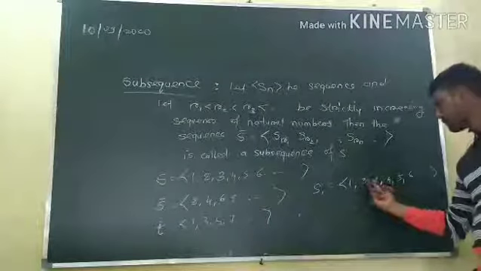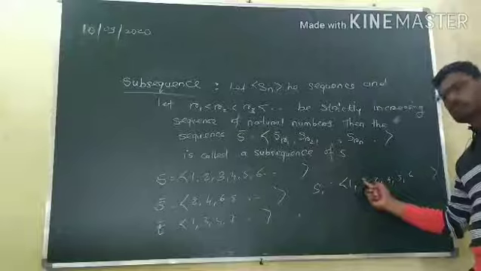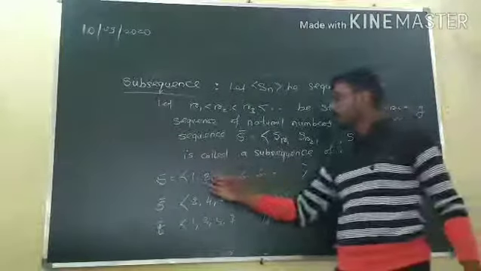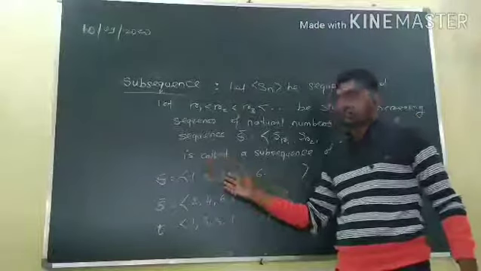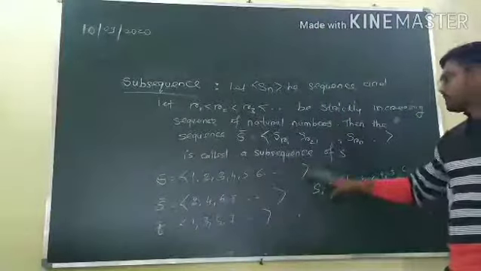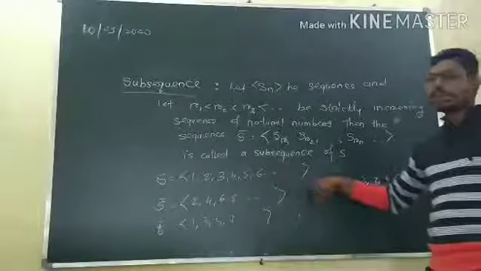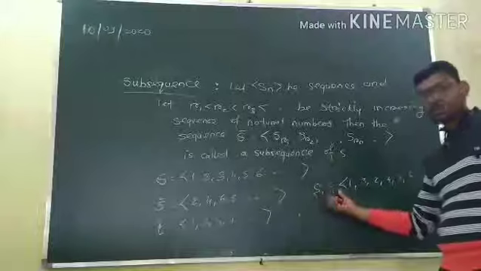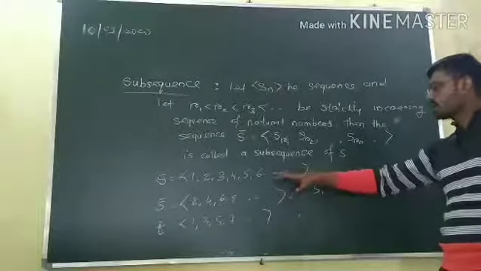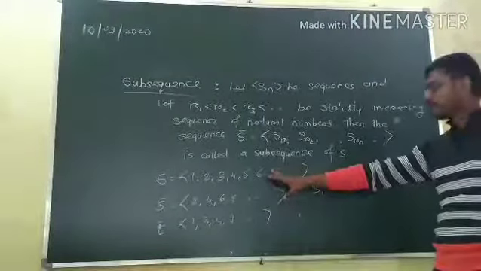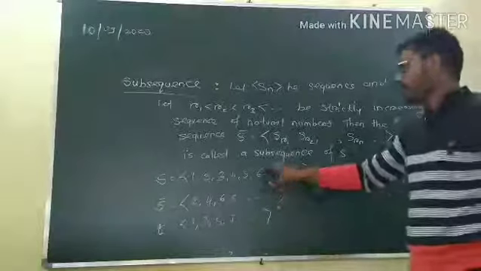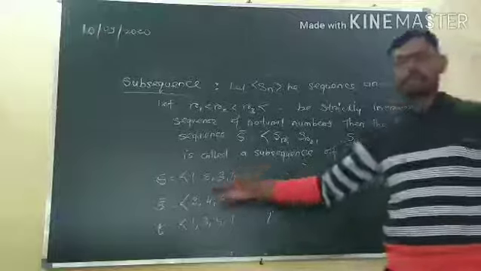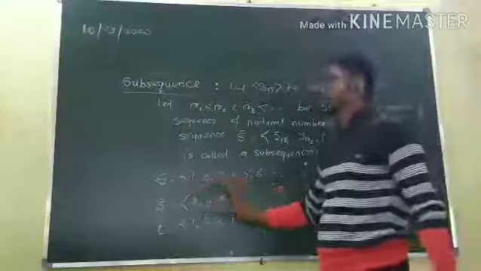In this S1 we have taken 3 first and then 2, but in S, 2 comes first and later on 3 comes, so the order is disturbed here. So we cannot say S1 is a subsequence. For S1 to be a subsequence, the order must be the same. We cannot disturb the order. So S1 is not a subsequence of the sequence. Understand? So this is the concept of subsequence.